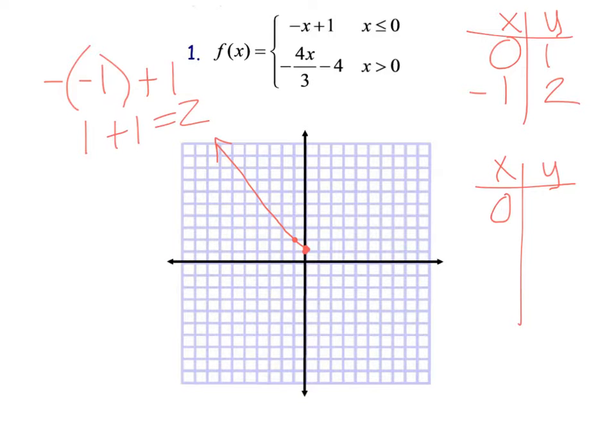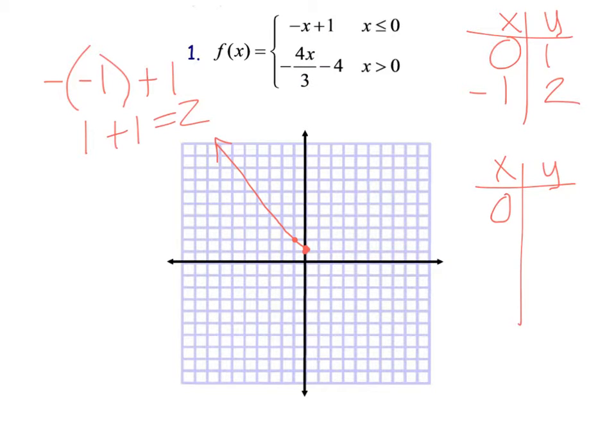I need an x that I can multiply by 4, divide by 3, and still get a whole number. If I plugged a 1 in here, I would get -4 over 3, and when I subtract the 4, I would still end up with a fraction.